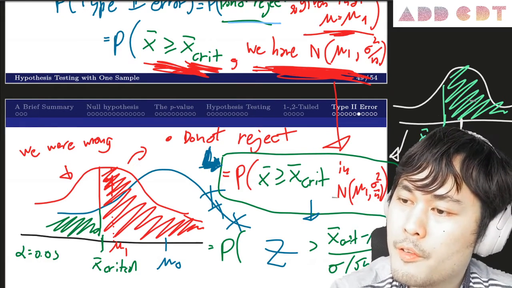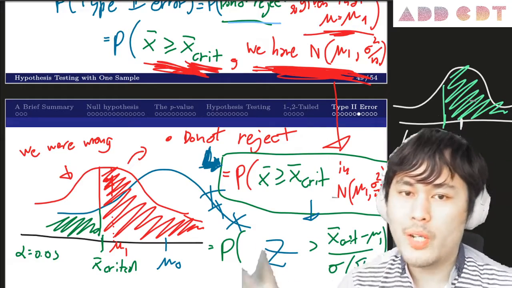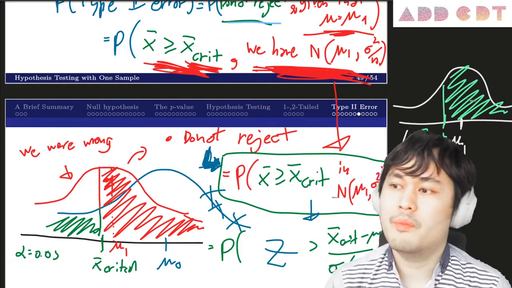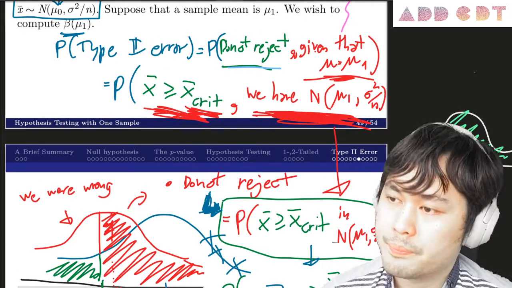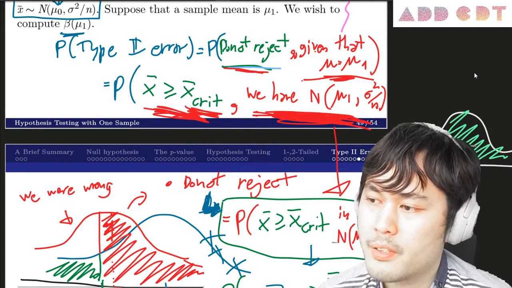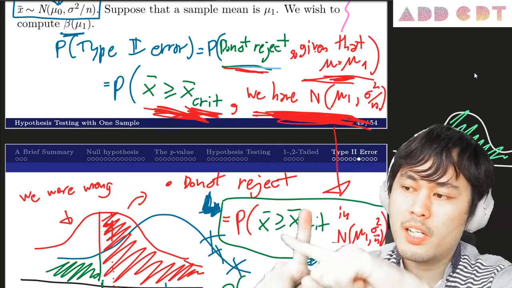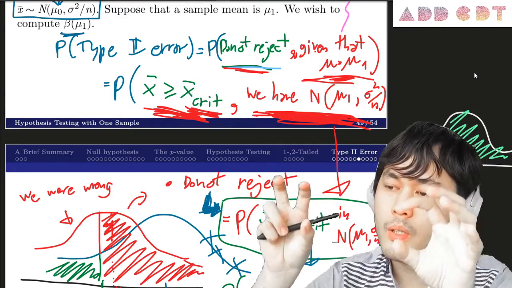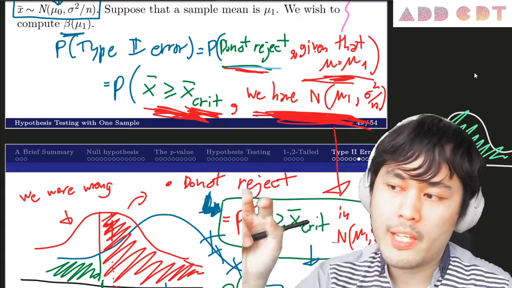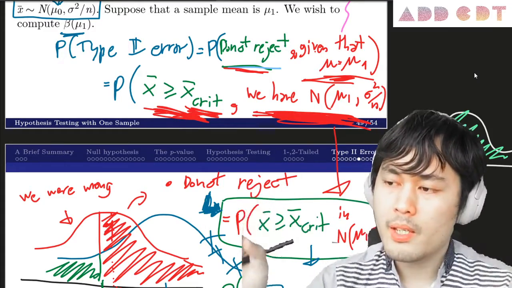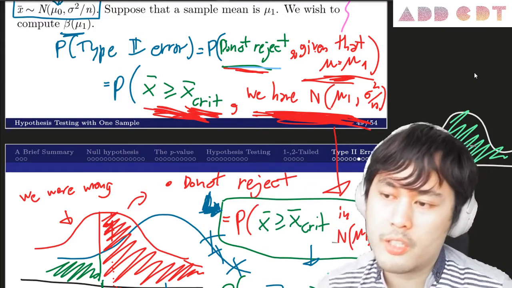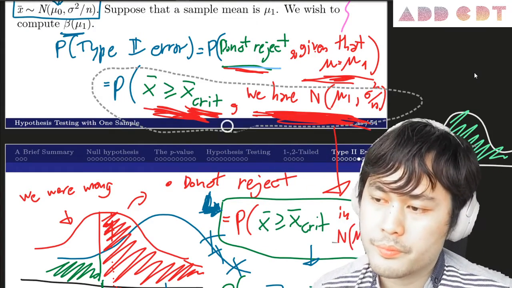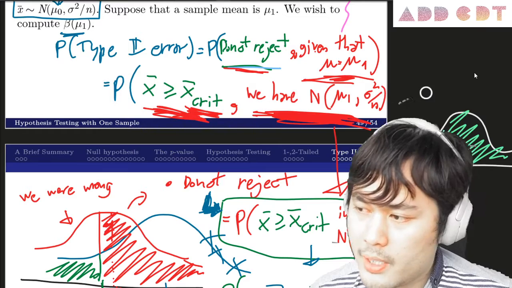So from that statement, from the words type 2 error, we transform to two different statements, in that column and that row. Those two conditions have to be satisfied at the same time, and those two conditions can be changed into the mathematical terms here, and then from that we get that image.